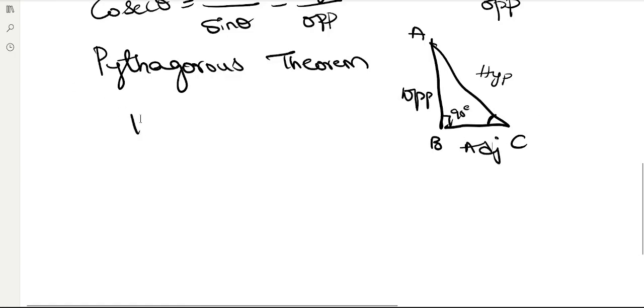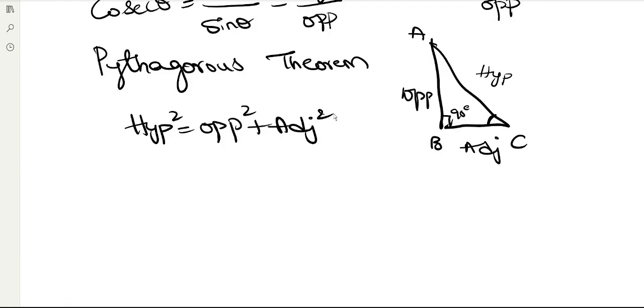The Pythagoras theorem states that hypotenuse square equals opposite square plus adjacent square. As of now, please remember the formula, and once we discuss the similar triangles topic, I will let you know how this formula is derived.